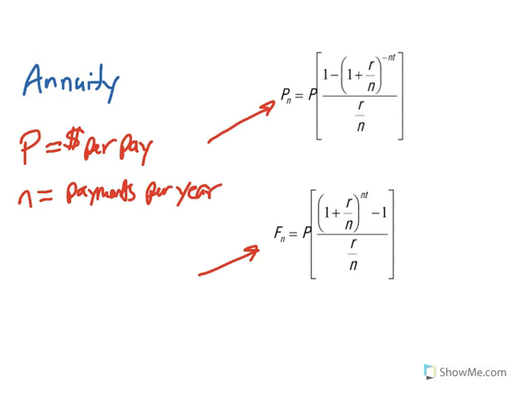R is the interest rate as a decimal. Not as a percent, but as a decimal. And then P sub n is the present value. F sub n is the future value. I think that covers all the variables.